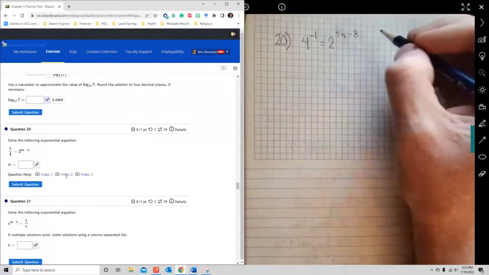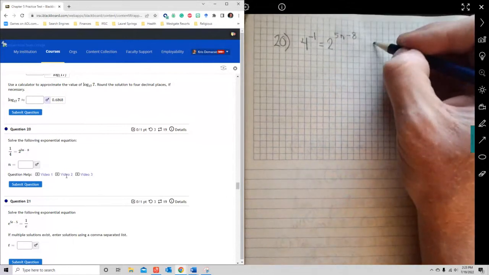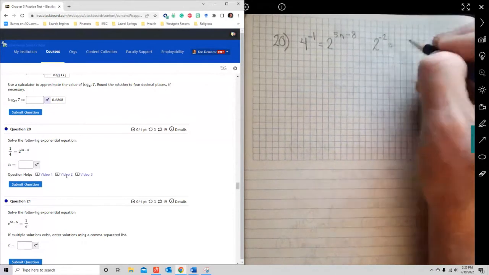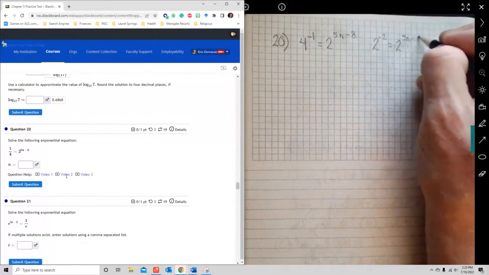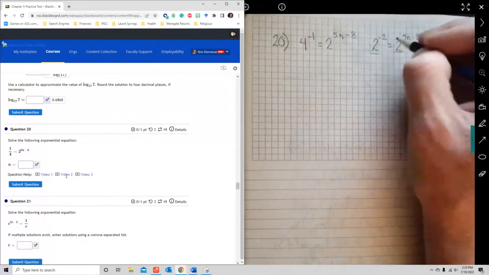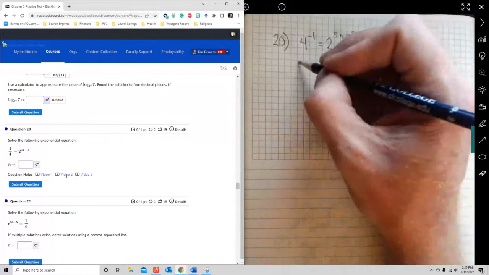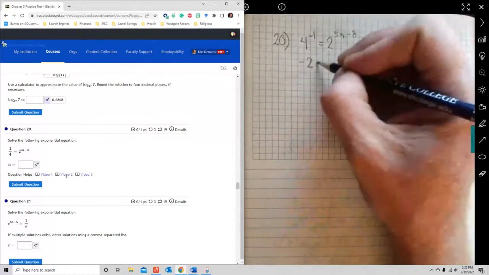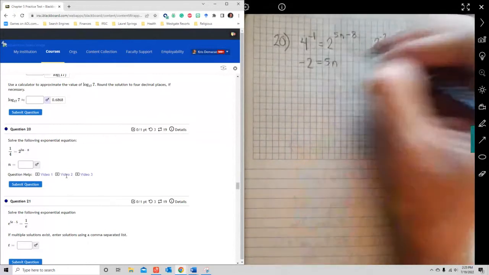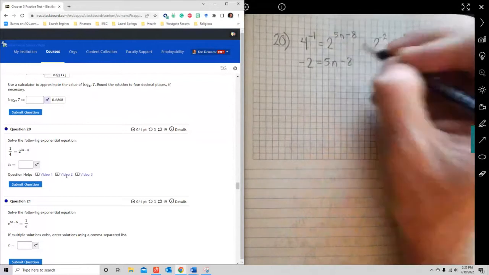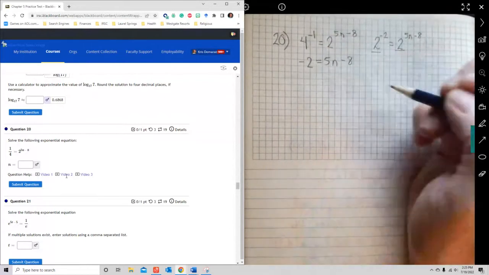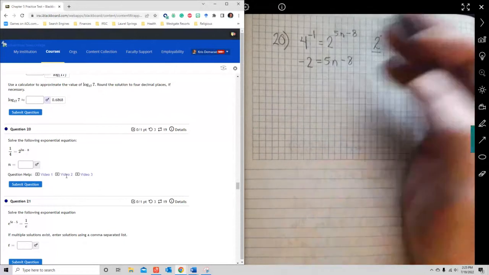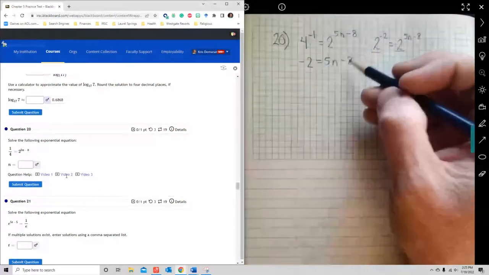Now we know that 4 is 2 times 2, or 2 to the second power. So we can do 2 to the negative 2 is equal to, and then we can go ahead and get this. And because these are the same now, we set the exponential powers equal to each other. We get negative 2 equals 5n minus 8. And because of that, we can combine like terms and then divide and get our answer.